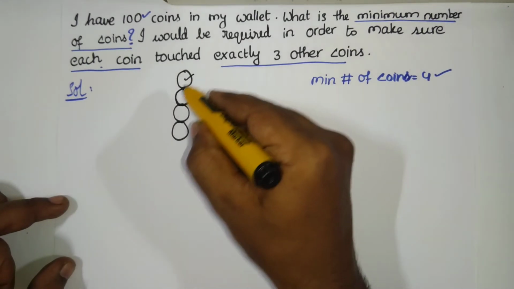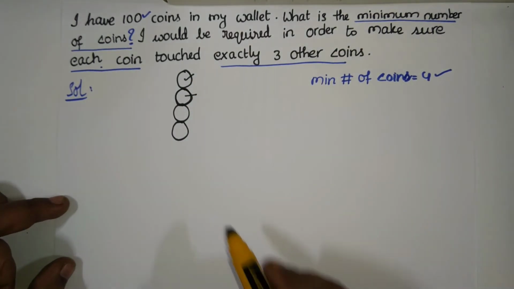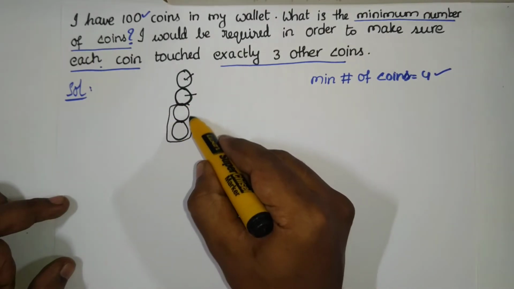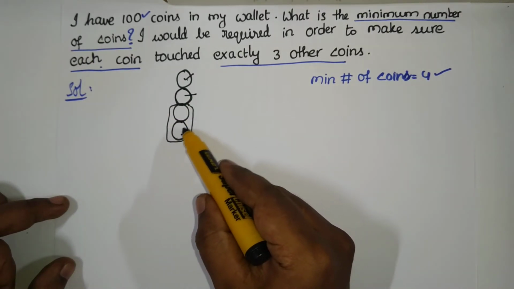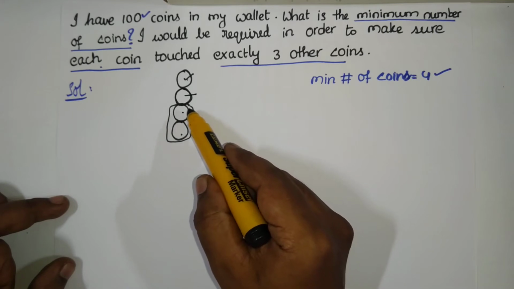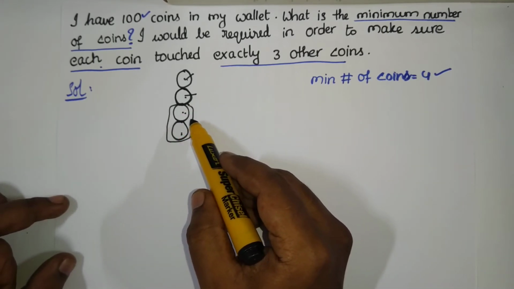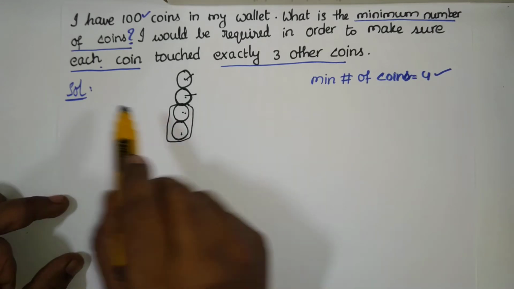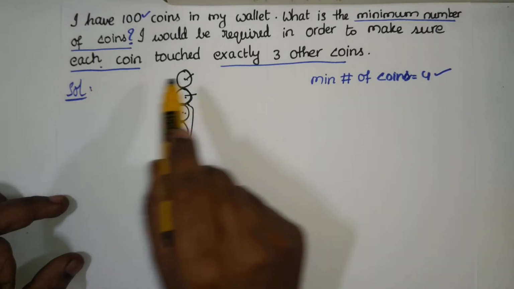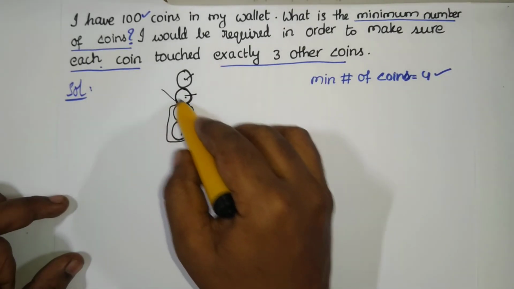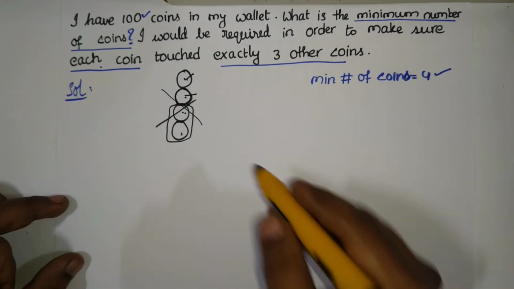This coin is in contact with this one, but not with these two. But the given condition is that each coin should touch exactly three other coins. So this vertical plan is incorrect.